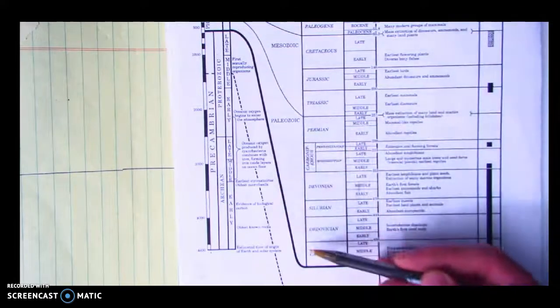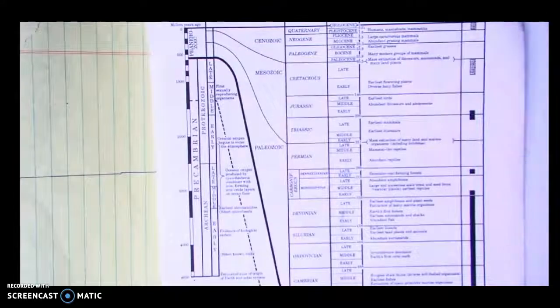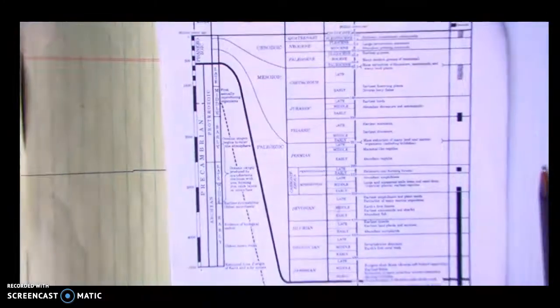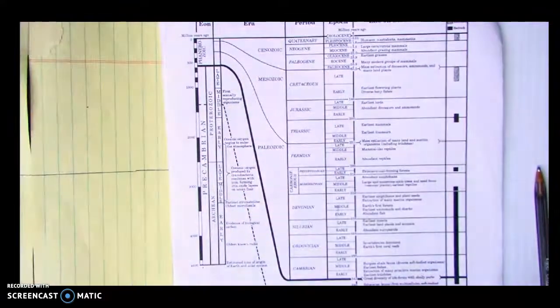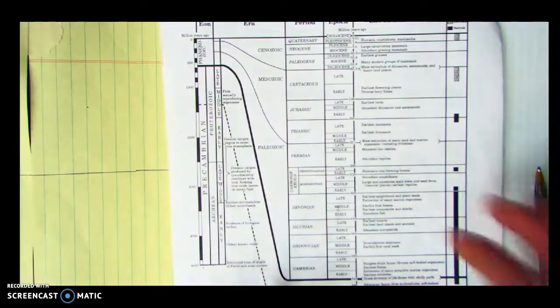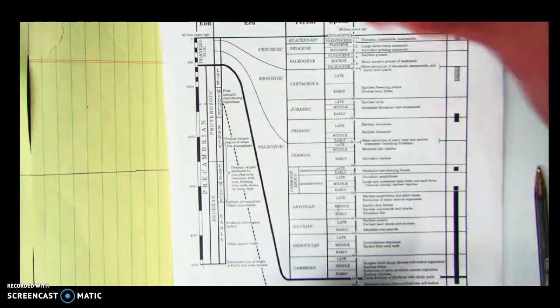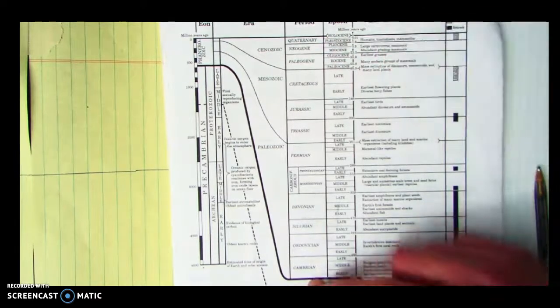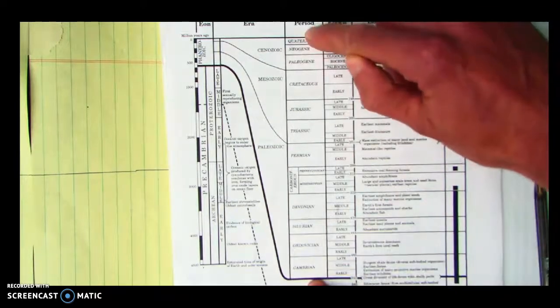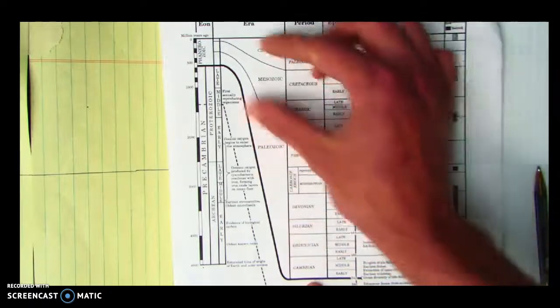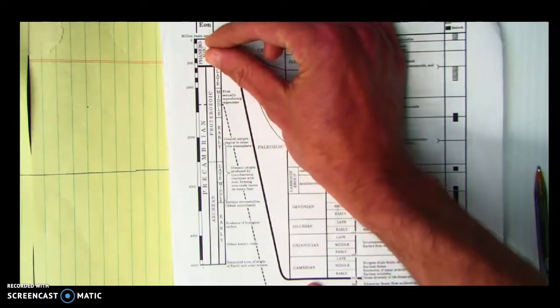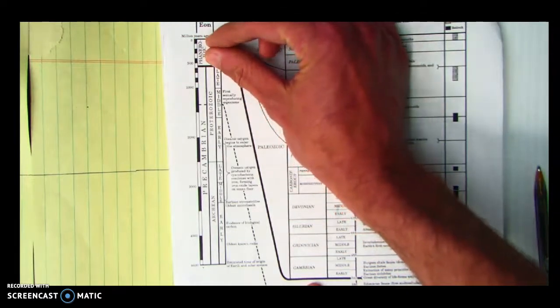And something that we should have talked about in class at this point, but I'll just go over it again, is most of our knowledge of Earth history is relatively recent compared to the overall age of the planet. So when we look at a chart like this, everything from the Cambrian down here all the way to present day is basically smushed into this tiny little block of time we call the Phanerozoic Eon.